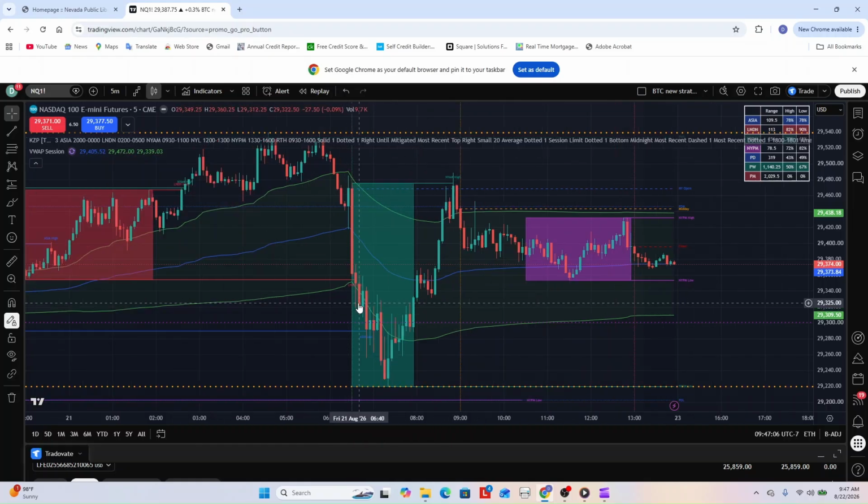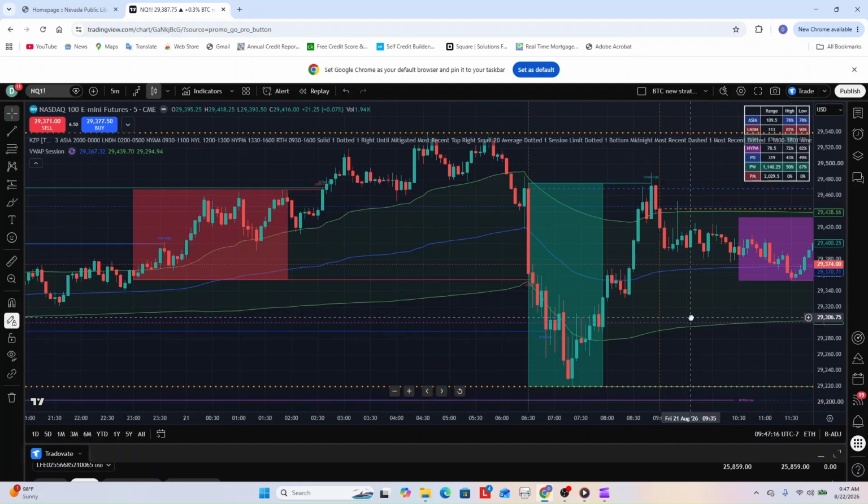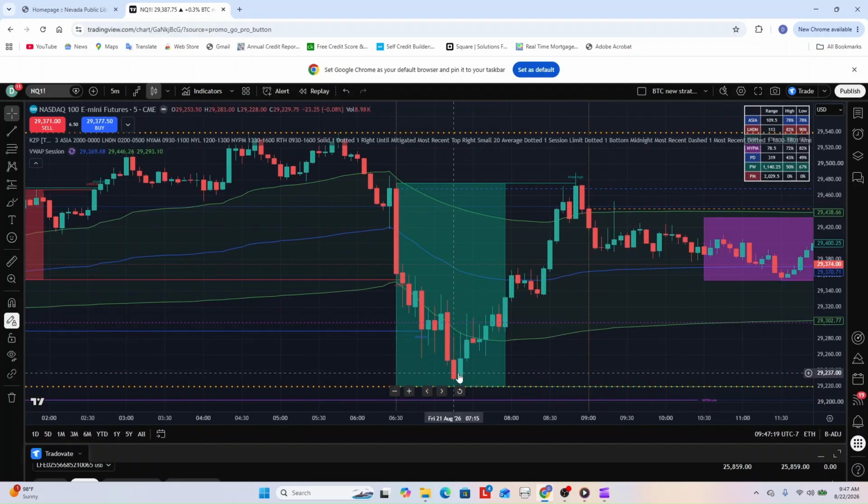AM session. So market opens at 6:30 PST. Wait for the first 15 minutes. And on this candle right here, it created a new session low and it closed green. Okay.